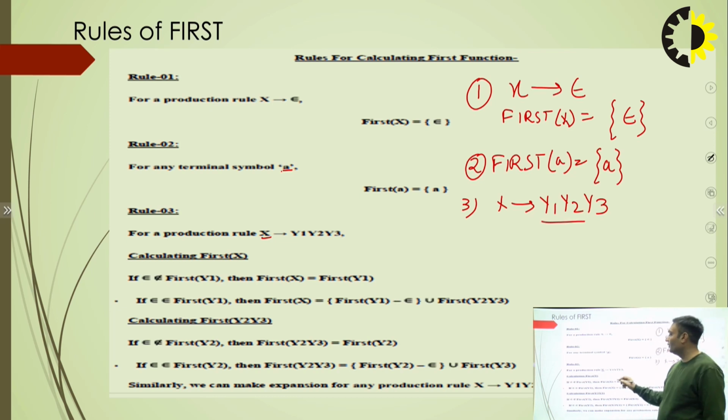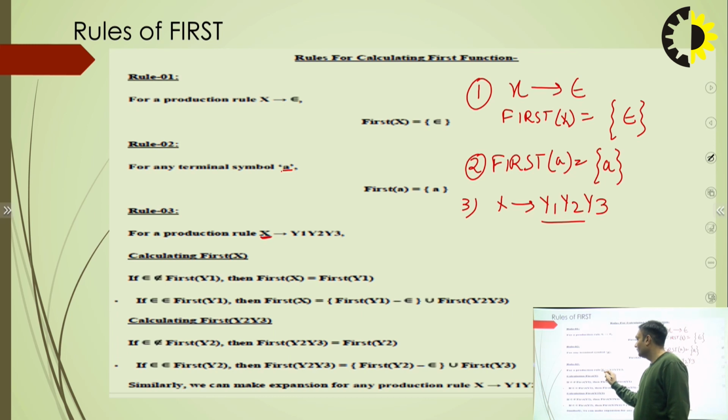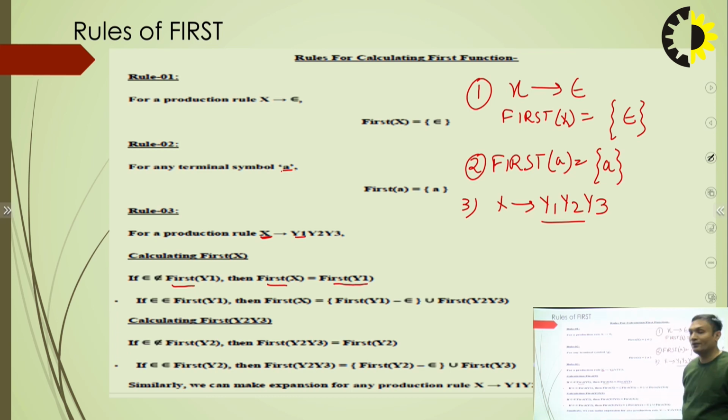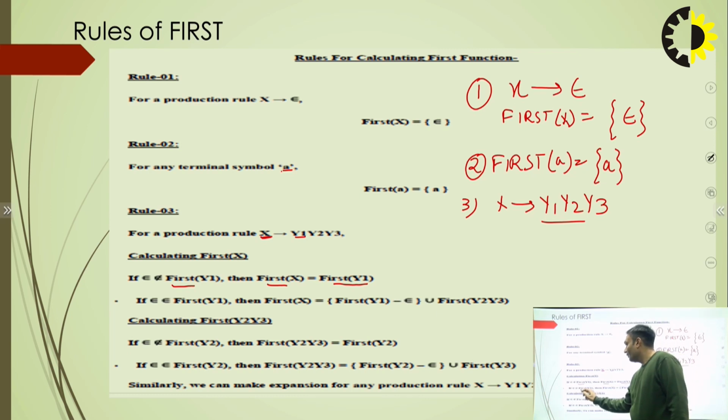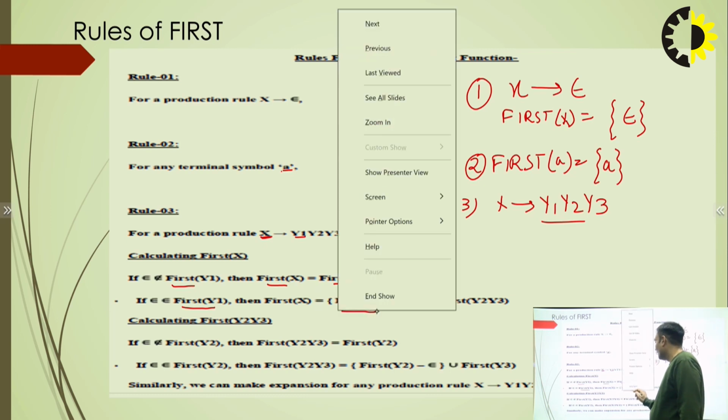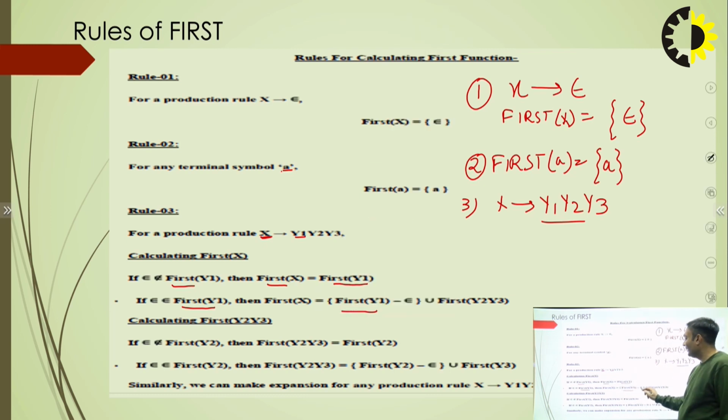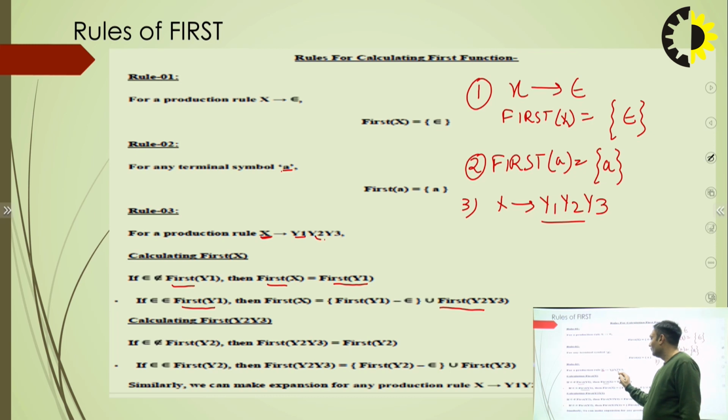To calculate the first of this X, there are certain conditions. If epsilon is not part of the first of Y1, then the first of X will be the first of Y1. And if epsilon is in the first of Y1, then the first of X will be the first of Y1 minus epsilon, and then we will union the first of Y2, Y3.